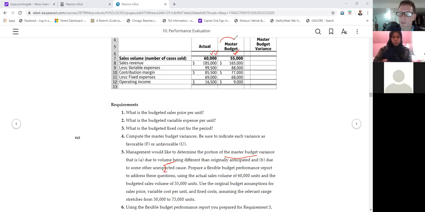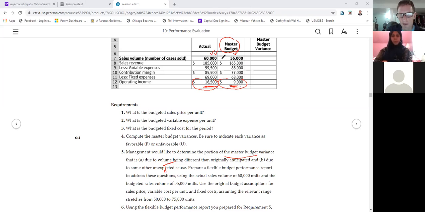But guys, that's not the true comparison, because when we get down here, we've got operating income of 16,500 versus 9,000. Now, of course, if I were to ask you, is that good or bad? You'd say, well, I think that's good. And why would you say good? Because you have more income than the master budget said you were expecting. But that's not an apples-to-apples comparison, because you have two different volumes here.